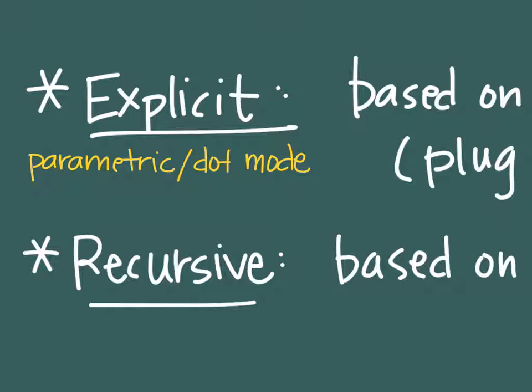So you want to be in parametric mode. And then the option under that is connected versus dot. So you want to make sure that you're in dot mode and parametric mode if you're going to do an explicit sequence.